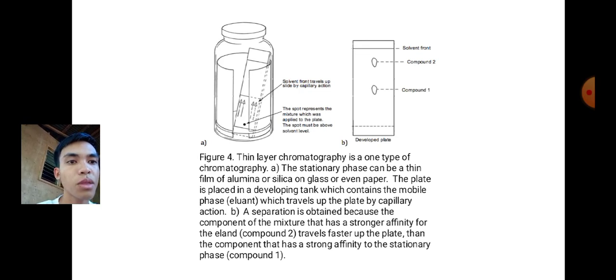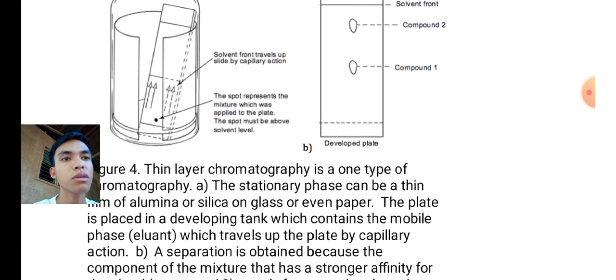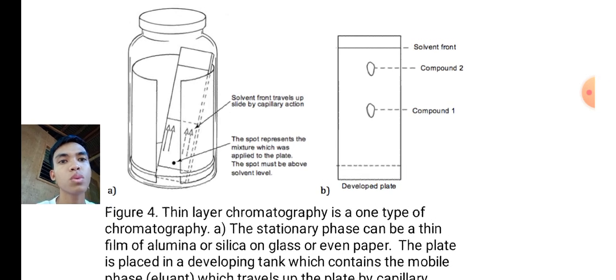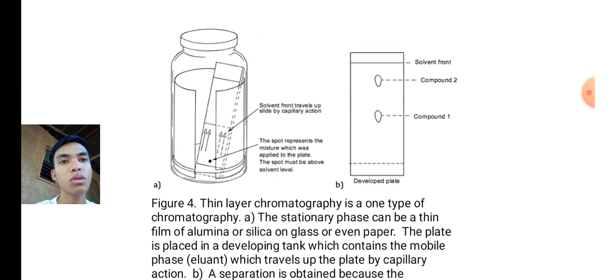Separation is obtained because the component of the mixture that has a stronger affinity for the mobile phase travels faster up the plate than the component that has a stronger affinity to the stationary phase. What is the process? Compound 2 goes up. Maybe it absorbs the liquid from the bottom. Or maybe not, I am not sure.